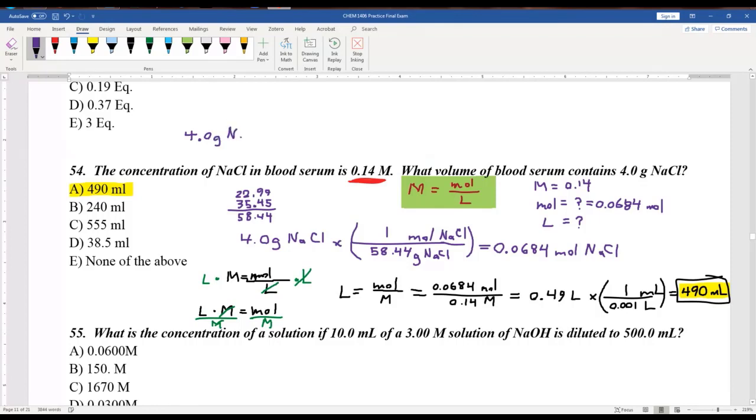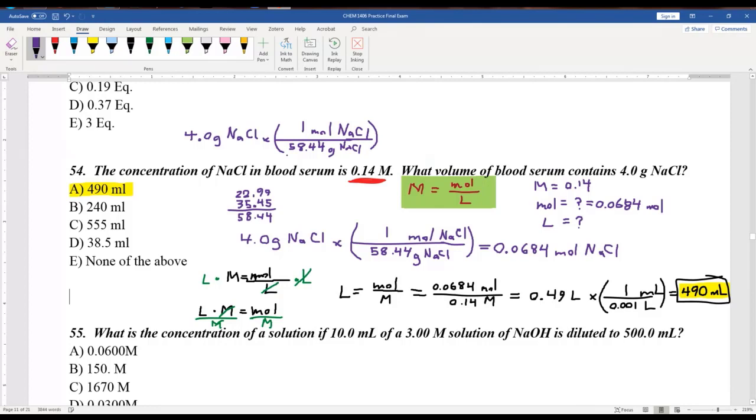But in this case, if I just take the 4 grams of NaCl, I'm just going to convert that to moles. The first step is the same as before, 58.44 grams of NaCl is equal to 1 mole.